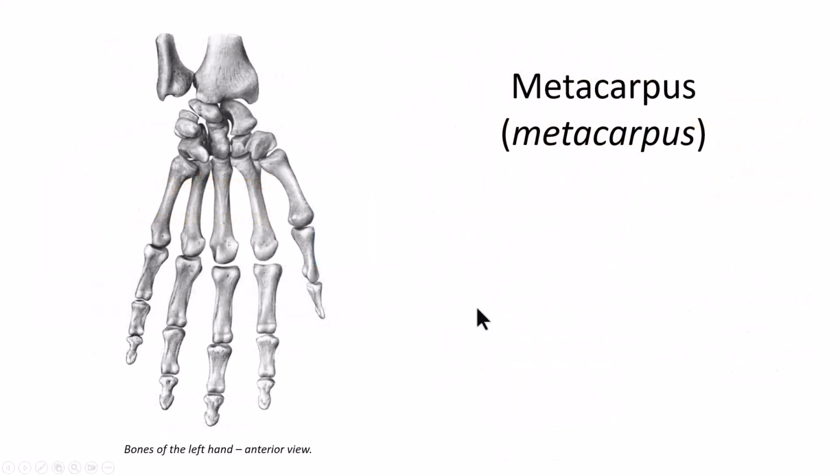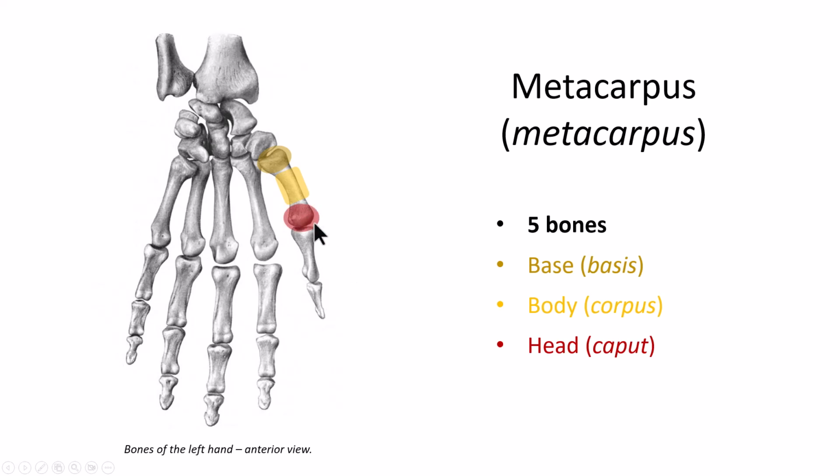Moving further distally, we have the metacarpal bones, which occur in number 5. So, intuitively, each of them has a similar structure. In the proximal part, there is the base, basis, then the body, corpus, and in the distal part, the head, caput.